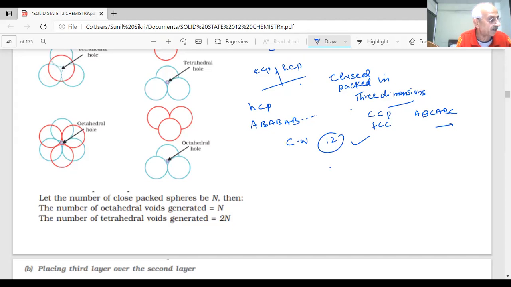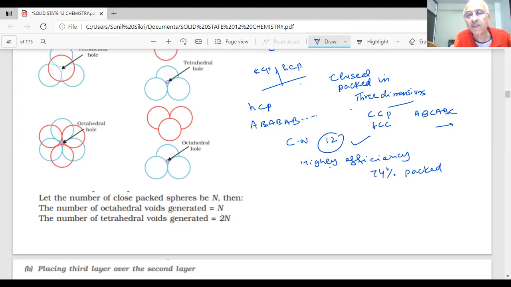It is 12, and both are highly efficient. The packing efficiency is 74%: 74% of the space is occupied, and only 26% is void in both cases.